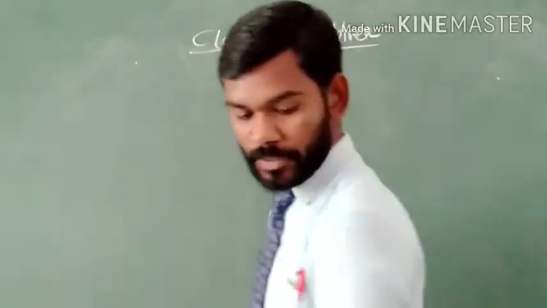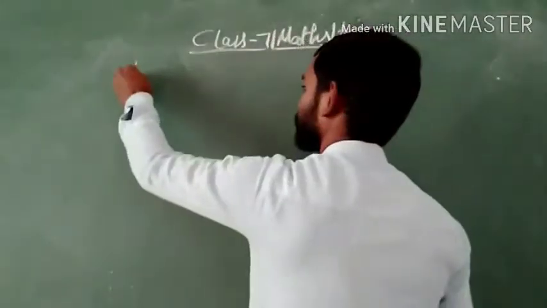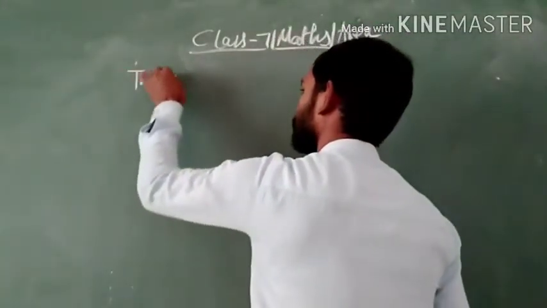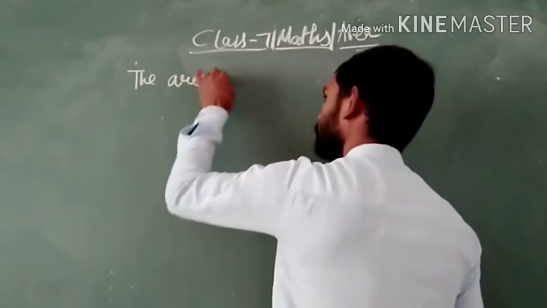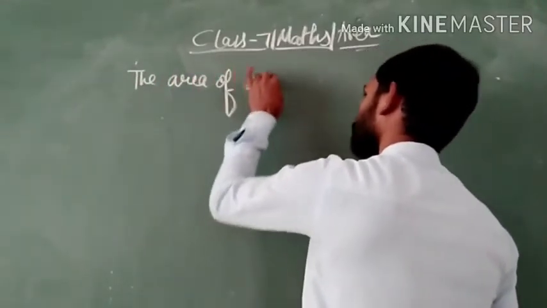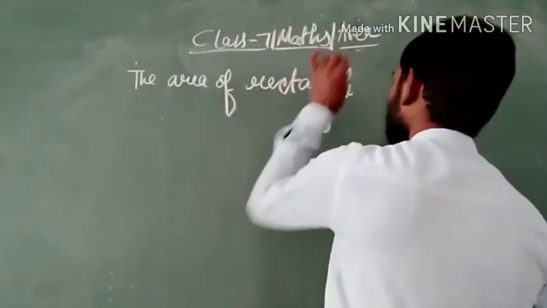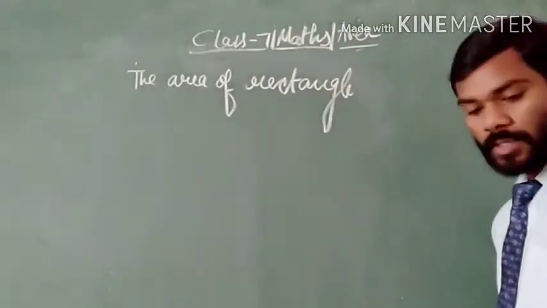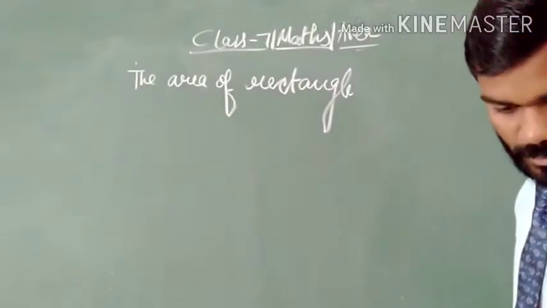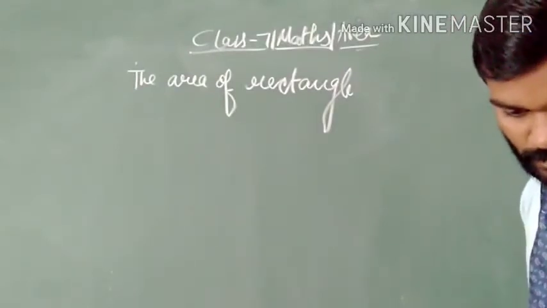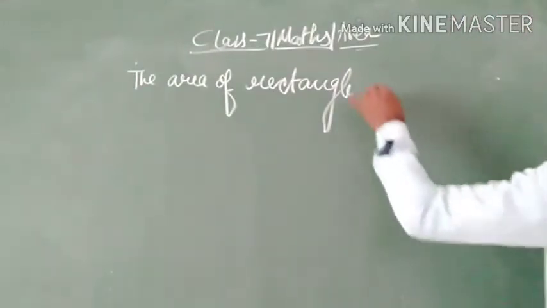The area of a rectangle is 36 centimeters square.